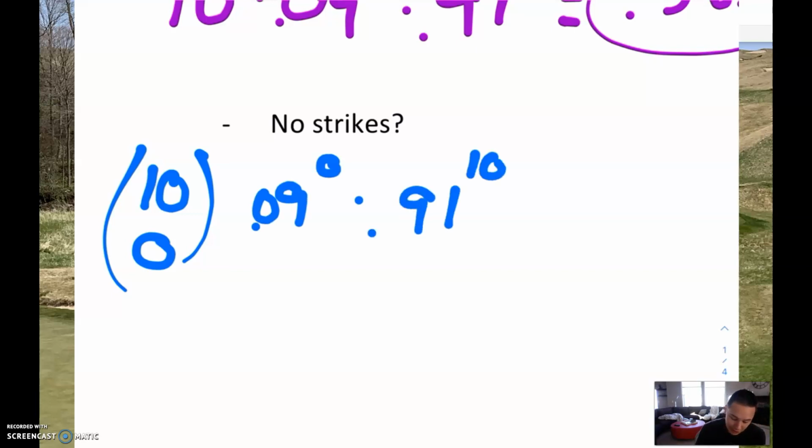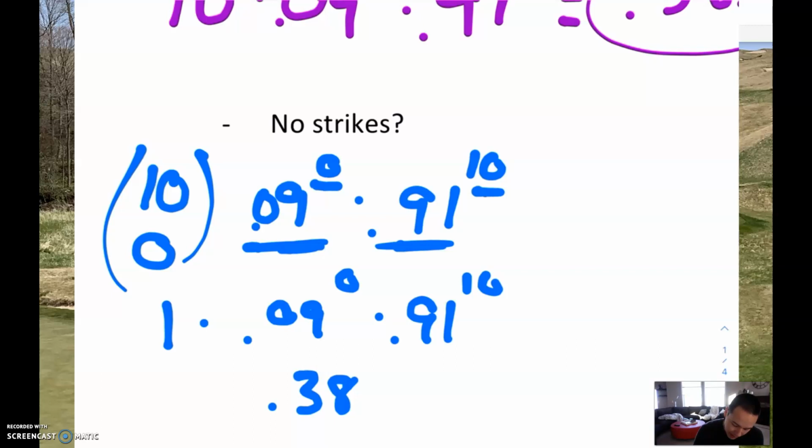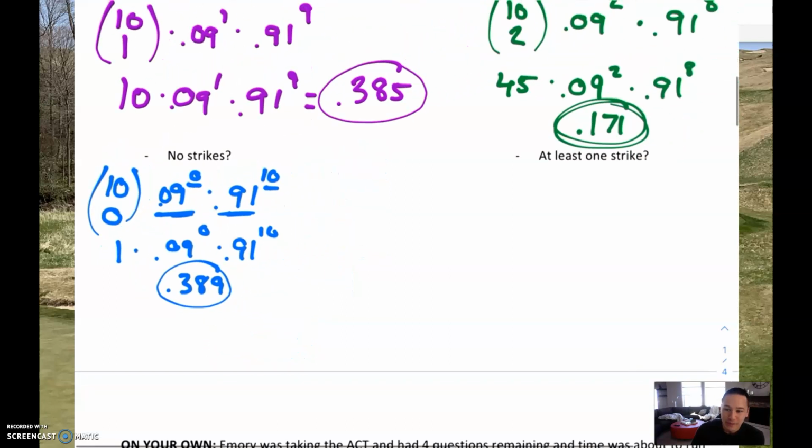What this means is she gets no strikes, and she gets 10 of these not strikes. 10 choose 0 is just 1. So it's 1 times 0.09 to the 0 times 0.91 to the 10th. If you multiply all of that out, it ends up becoming 0.389. She has about a 39% chance of getting no strikes.